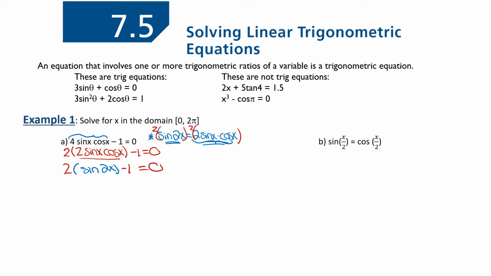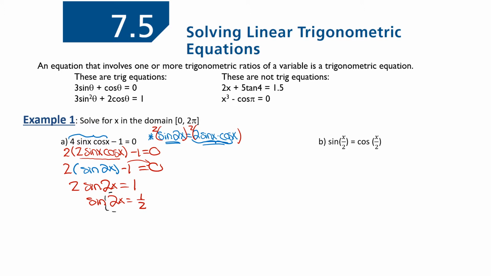Let me simplify this a bit. This is 2 sine 2x equals 1. I bring the 1 over, divide both sides by 2. Sine 2x equals 1/2.